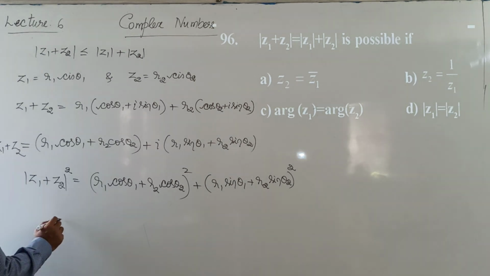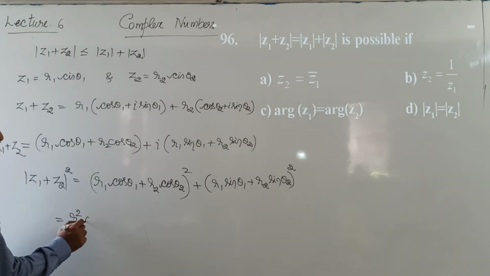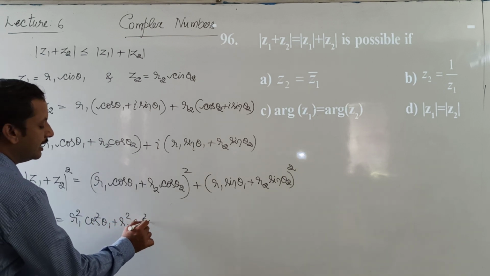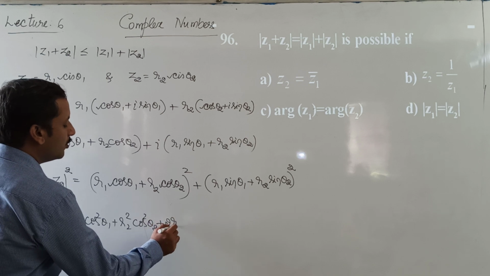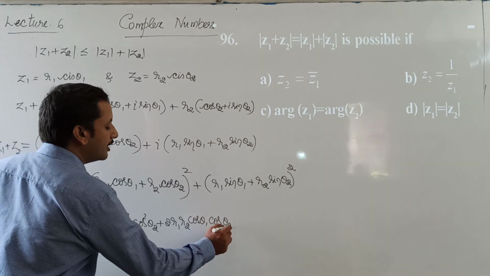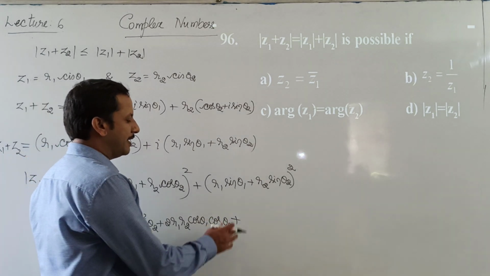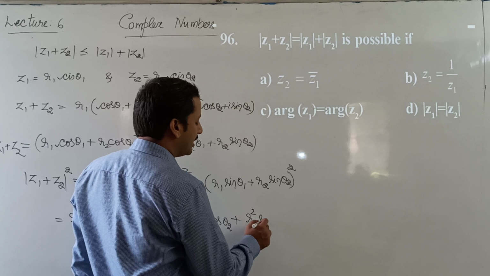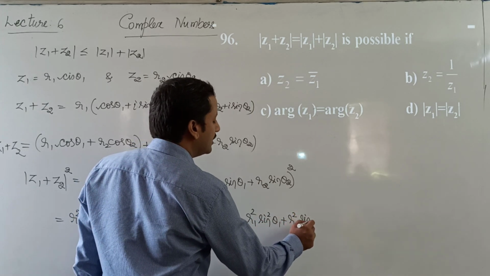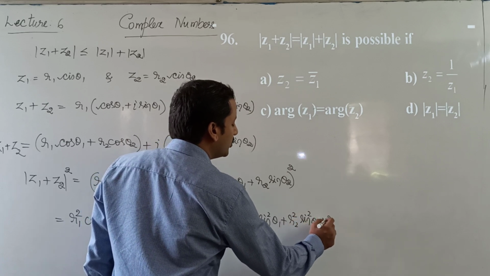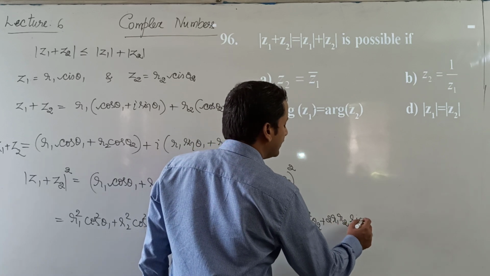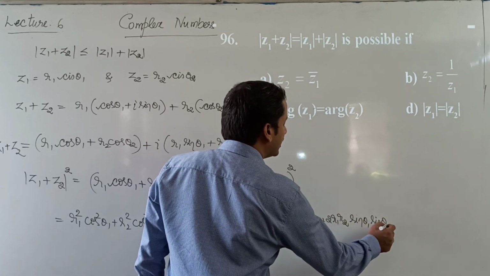Let us expand this using (a plus b) whole square: r1 square cos square theta 1 plus r2 square cos square theta 2 plus 2 r1 r2 cos theta 1 cos theta 2, plus r1 square sin square theta 1 plus r2 square sin square theta 2 plus 2 r1 r2 sin theta 1 sin theta 2.